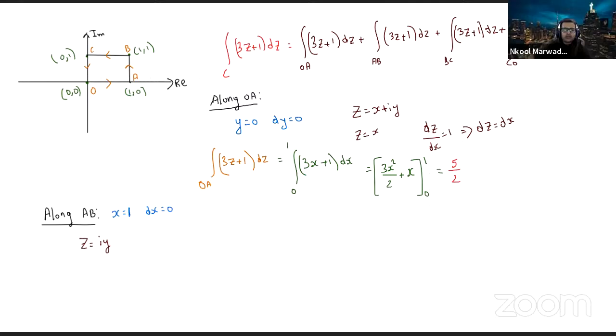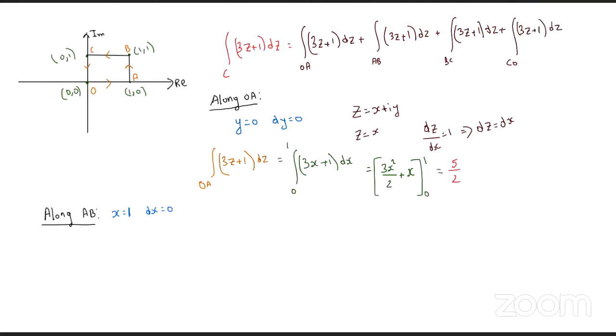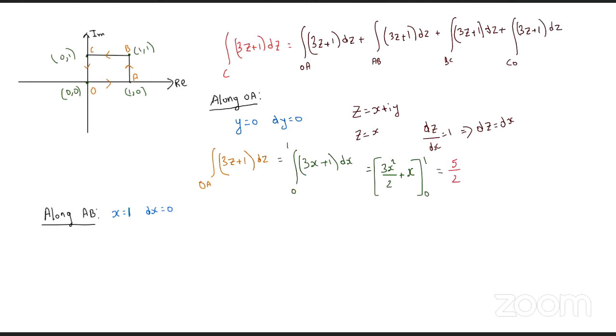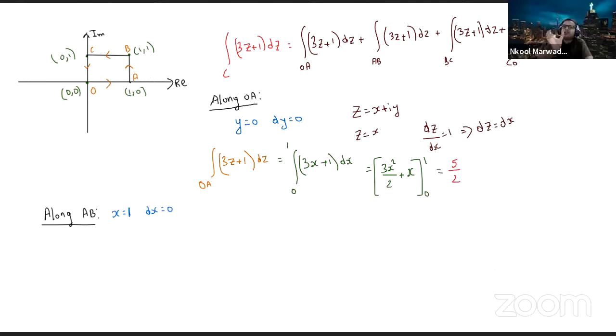Now, see, AB line is parallel to the y-axis. If this line would have been overlapping the y-axis, then the equation would have been x is equal to 0. But this AB line is not overlapping the y-axis, it is at a distance of 1 unit.